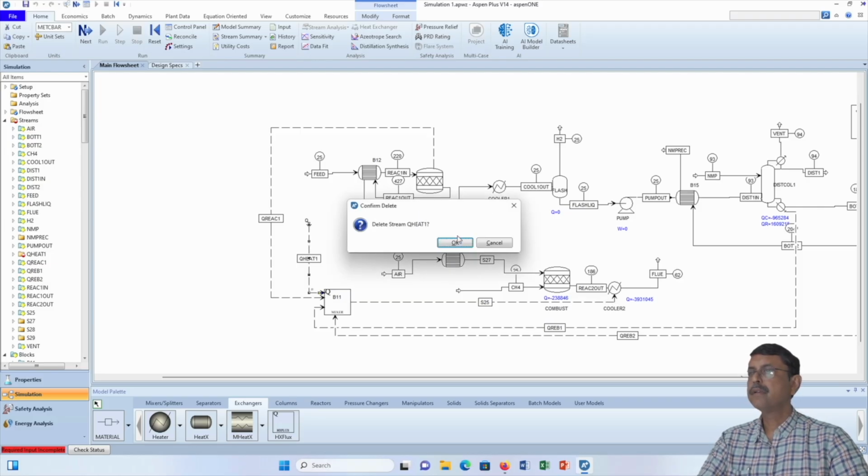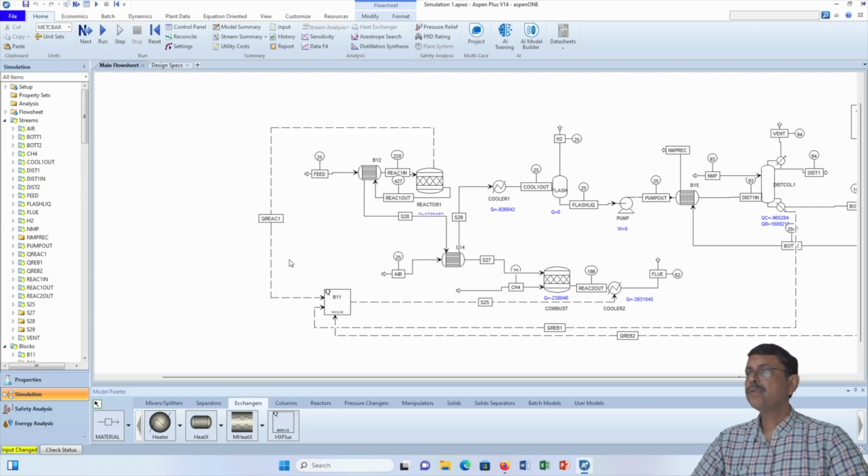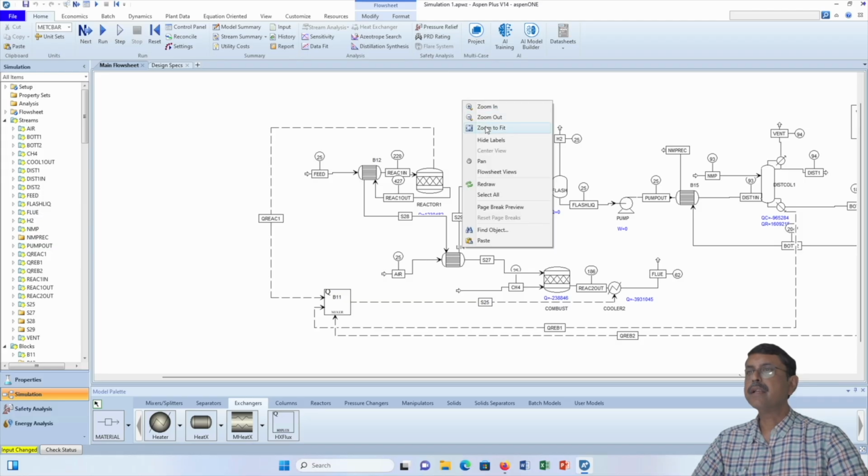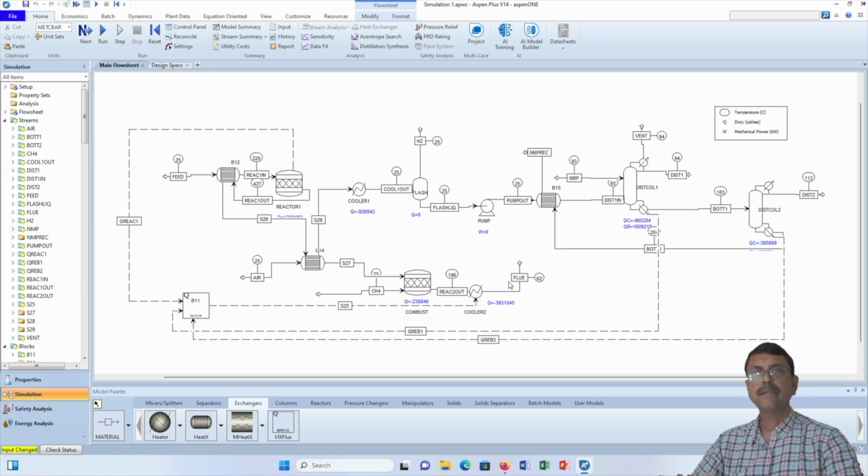Okay, heaters do not exist anymore. So we have only reactor outlet and 2 reboilers outlet that we are now working with. Okay. So we have done some sort of heat integration. Now run it once again.